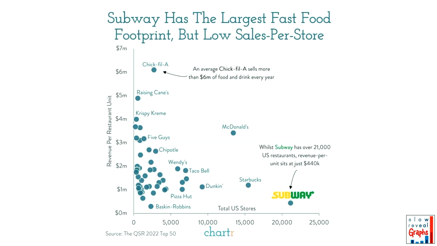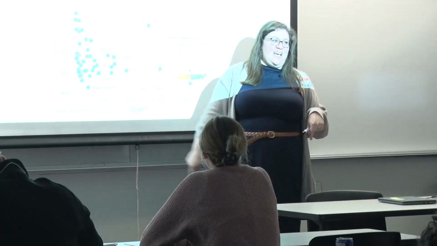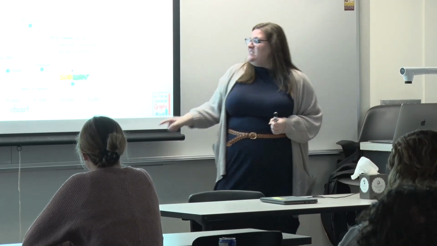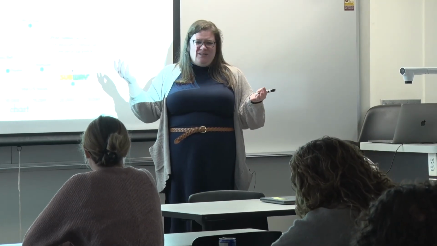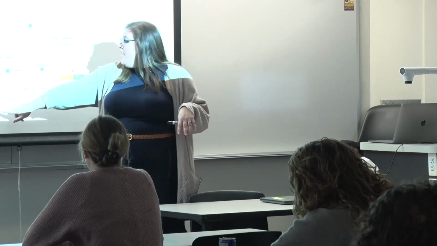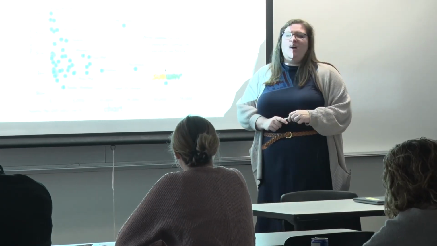Also, the source popped up, and I want to pay attention to that. I'm big into looking at where the data is coming from. That is a different thing than where the visualization came from. This visualization came from Charter, which is a really cool data company. They publish newsletters that are fun with lots of graphs. I love Charter. But the source where the data came from is the QSR 2022 Top 50.